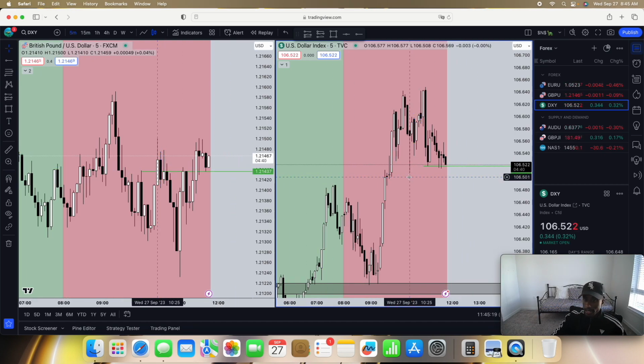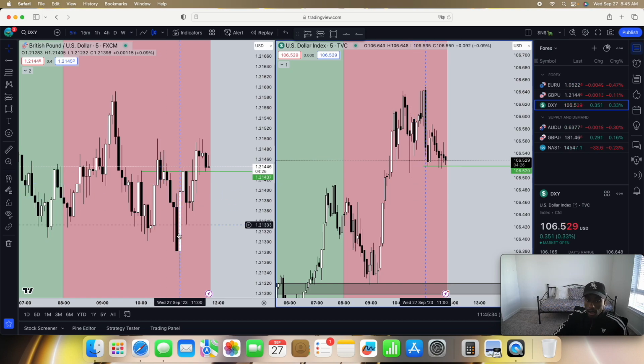The DXY never closed below structure, which would have been right here. It wicked down, but it never closed, and it went back up. So if I just got in blindly on this trade on GU, I would have lost like 20 minutes of immediate drawdown loss.